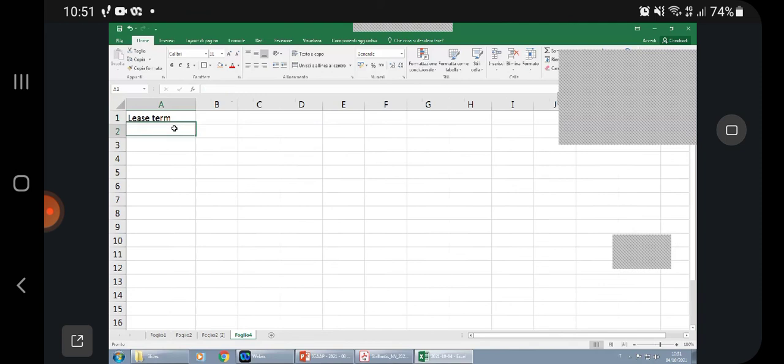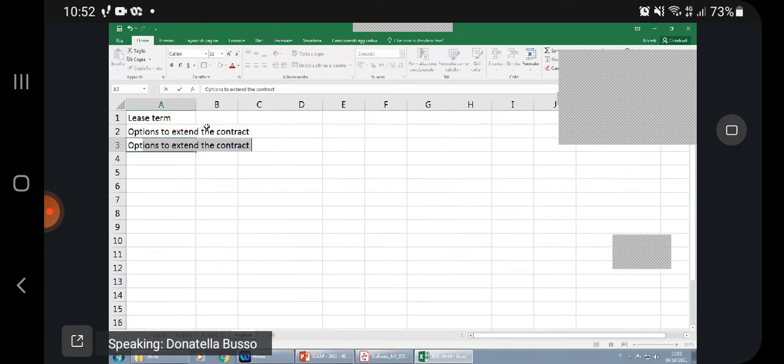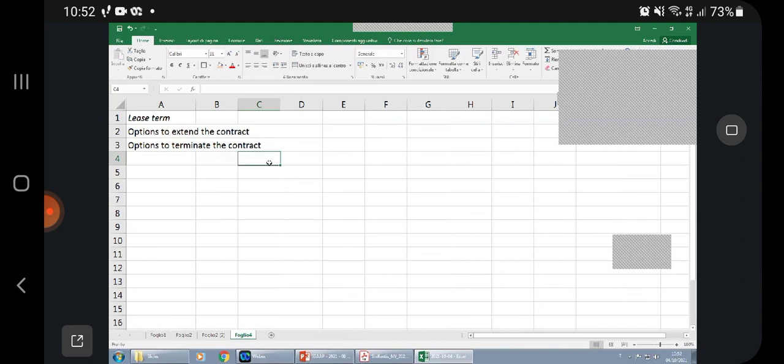IFRS 16 states that companies need to assess also the options to extend the contract and the options to terminate the contract. Okay? So for the lease term, the starting point is the term of the contract.